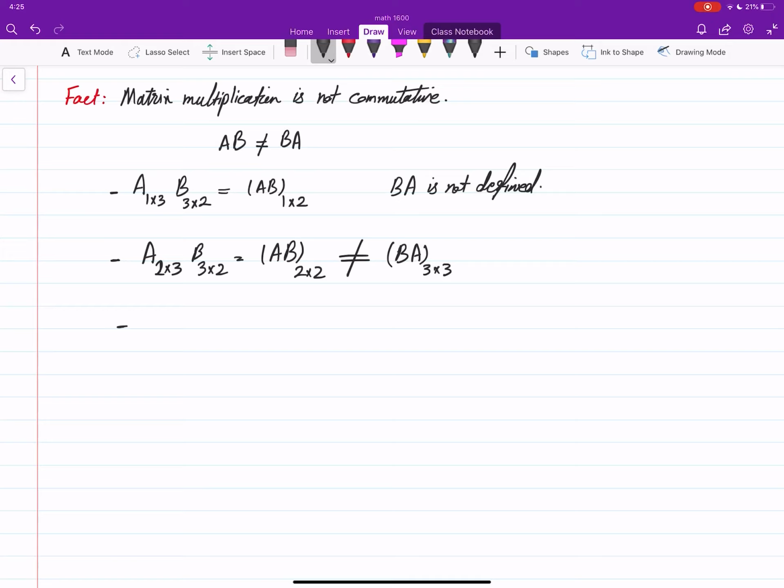But the problem is even deeper, and that's actually where this non-commutativity becomes important. So let A and B be square matrices of the same dimension.